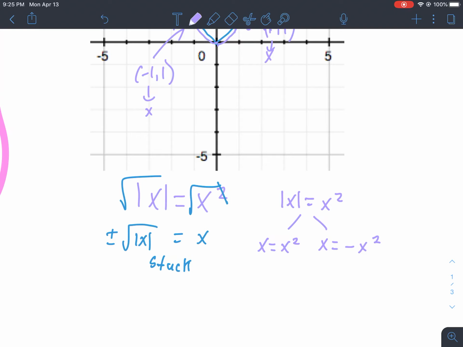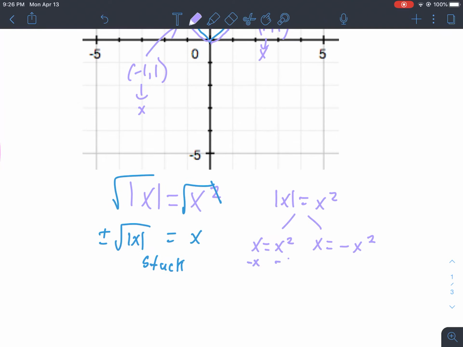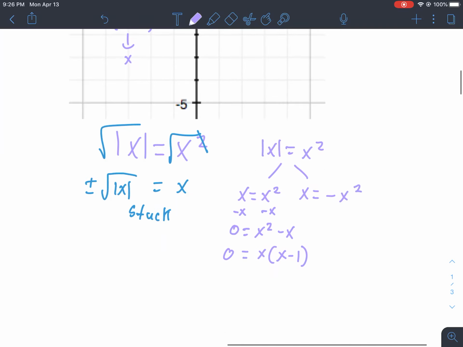Now, when you have an x squared term and an x term, the square root of both sides doesn't work because you have the square root of x. The other method is set it equal to 0 and factor. So I can factor out an x, and I'm left with x minus 1. So my answers are 0 and 1.